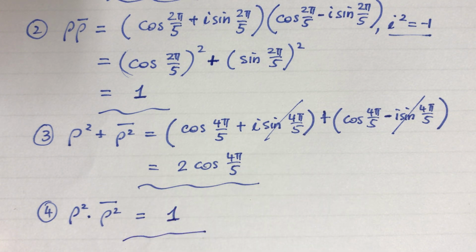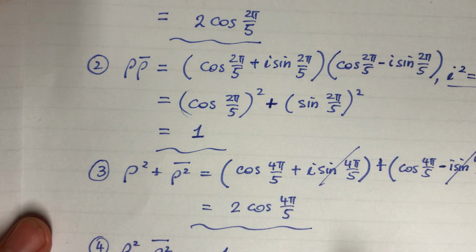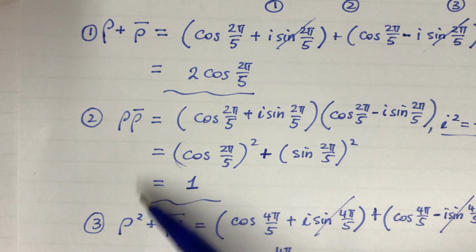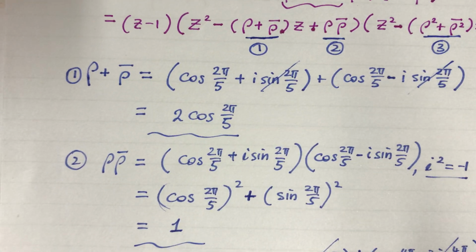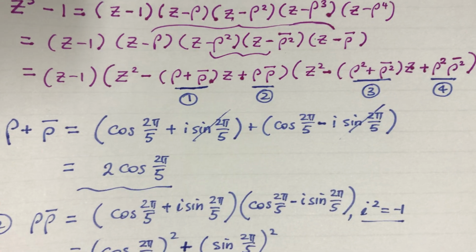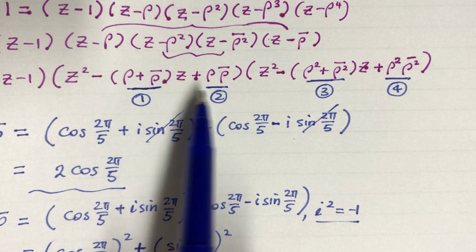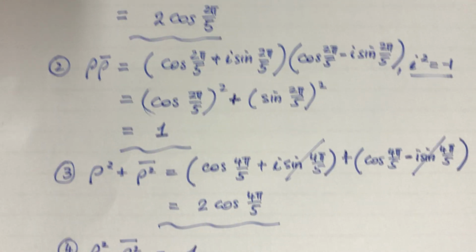Okay, so I've got those. So now all we have to do is put all four things that we calculated into this spot here. Okay, so I'm going to do that now.